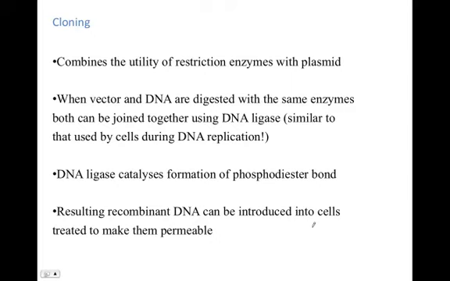This is similar to the DNA ligase used in DNA replication. You can create this environment for DNA ligase to be active in an in vitro setting. DNA ligase will then catalyze the formation of a phosphodiester bond between these two complementary fragments, resulting in recombinant DNA that can be introduced into cells.